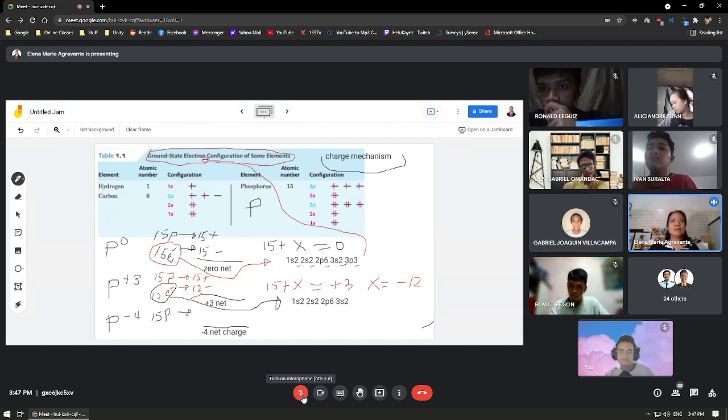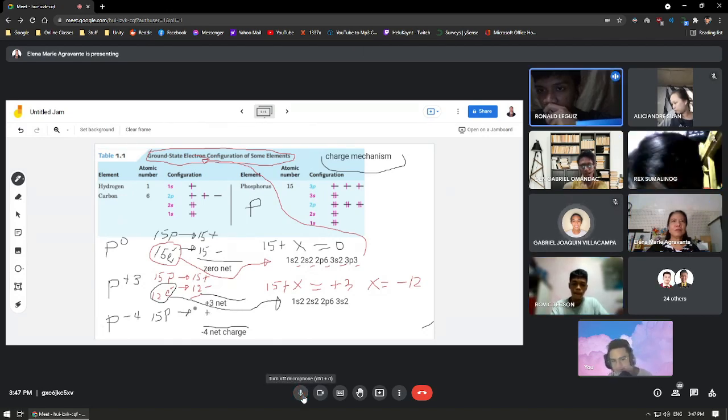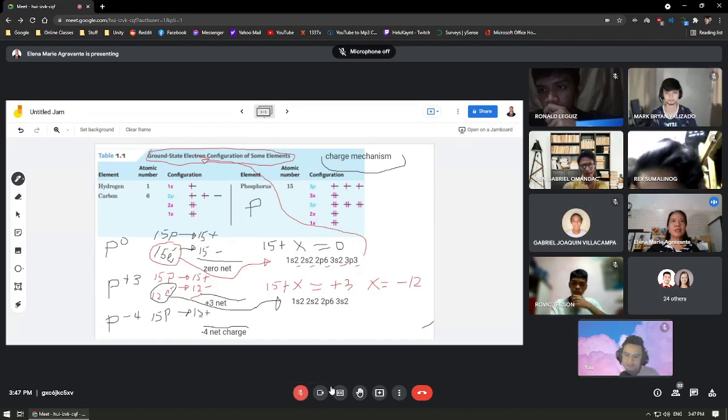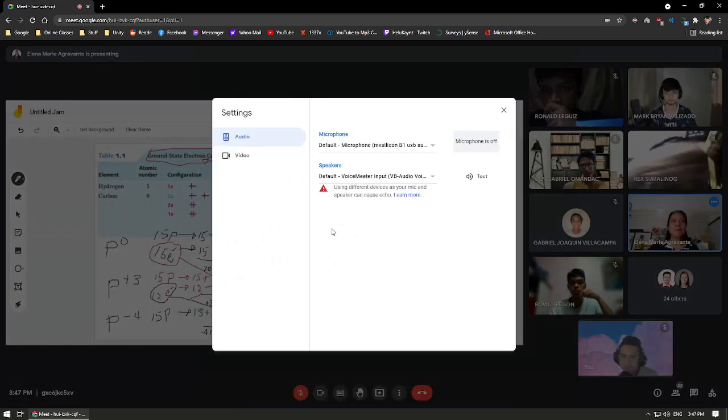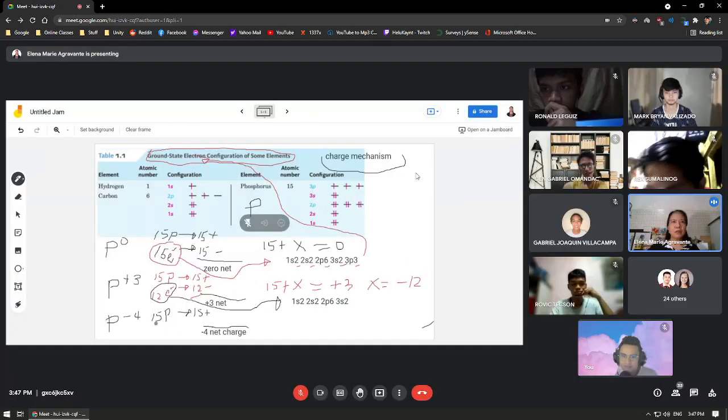How many positive charges? 15. Just the same as the protons, uniform all throughout regardless of the net charge, because they are intact inside. So the net charge is negative 4.